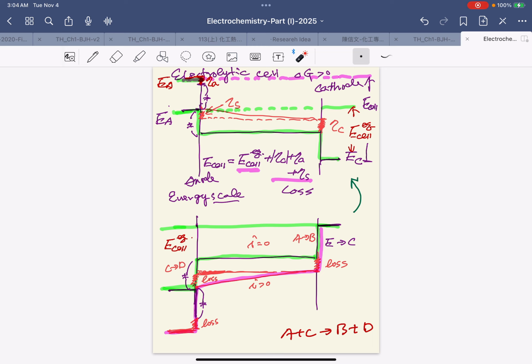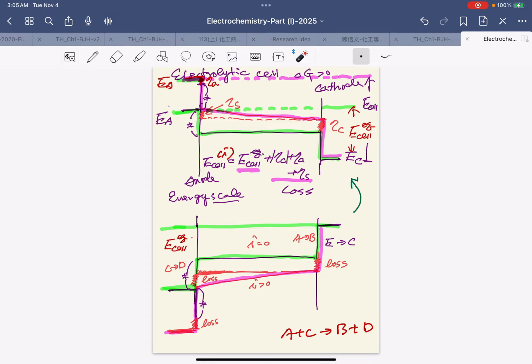So in total, considering kinetics, your curve will be like this. Okay. So this is the real E cell. Once you apply the current, this is the E cell when you apply the current. Okay, from here to here.